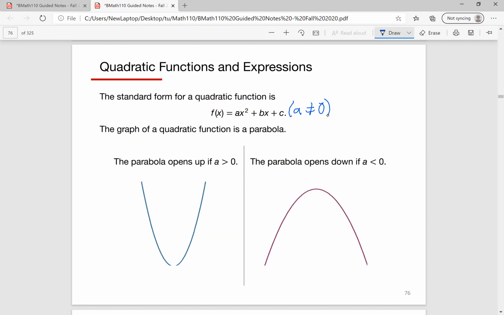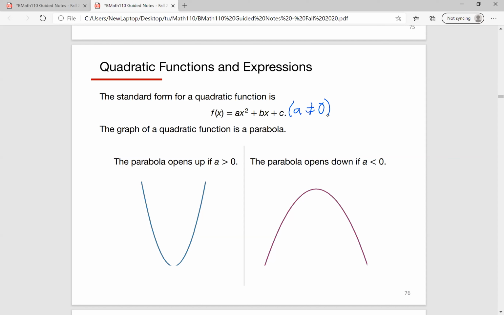Why is that? If a equals 0, you have f(x) = bx plus c, which is a linear equation. So in that case, it is not a quadratic function anymore. To get a quadratic function, you have to have this form with a not equal to 0.